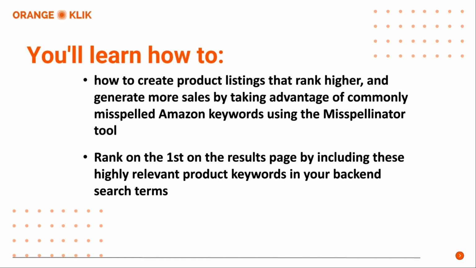Misspellinator was used to generate those misspelled keywords from our main seed keywords, and then we integrated those keywords into our product listing using the Frankenstein tool to process the keywords even further, and fully optimized our listing using Scribbles to make sure that we are using the right keywords in the right part of the product listing without missing any of those newly discovered misspelled keywords in your backend search terms.